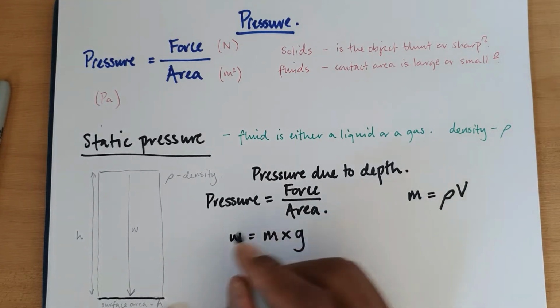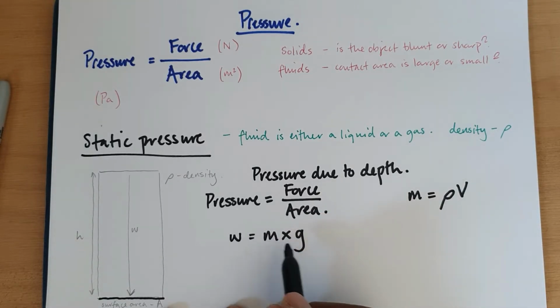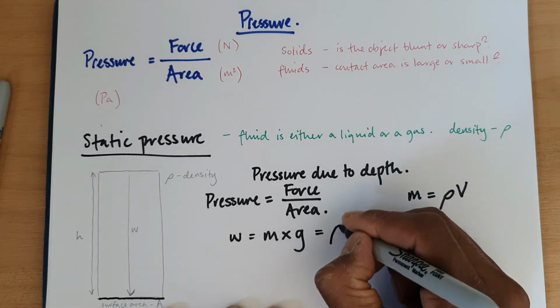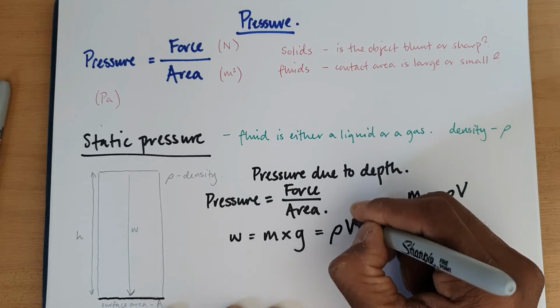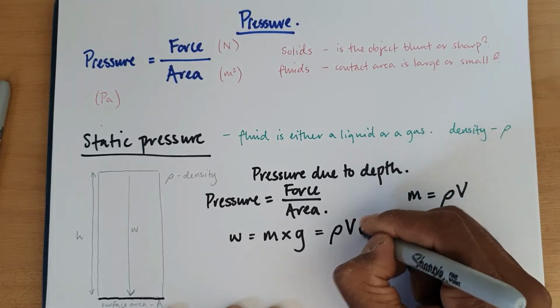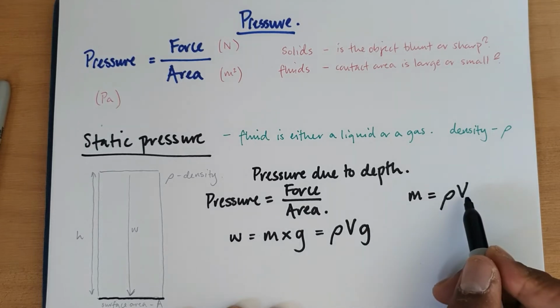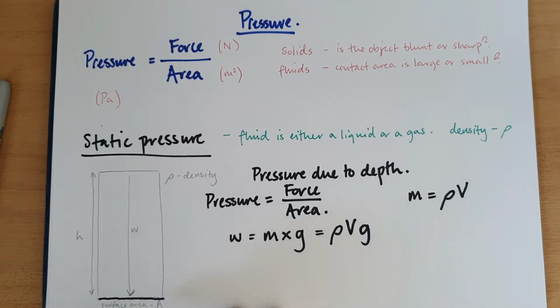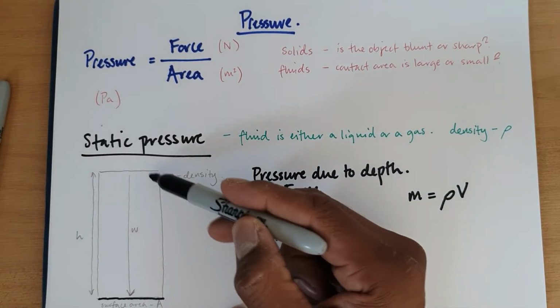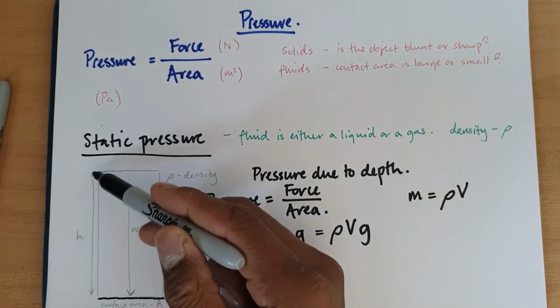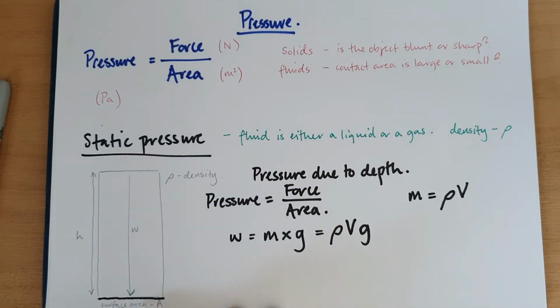The weight is equal to mass times gravitational field strength, which is equal to rho times V times G. Now V isn't particularly useful here, but we can identify V in terms of two of these variables, because the volume of this container is simply the height of the container multiplied by the surface area.